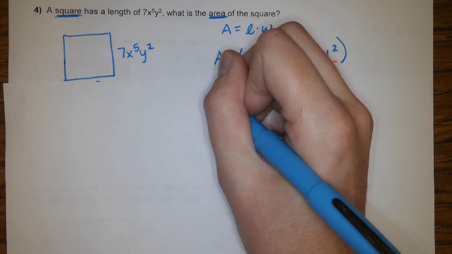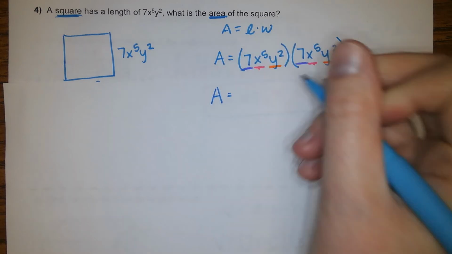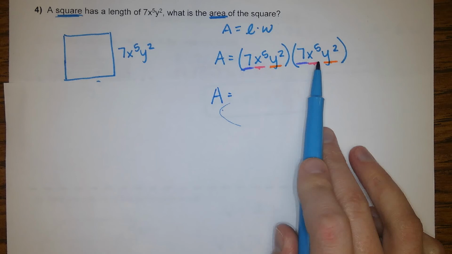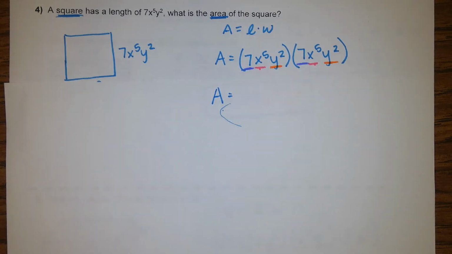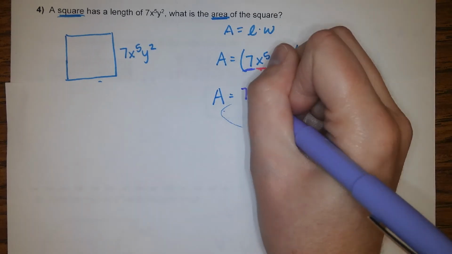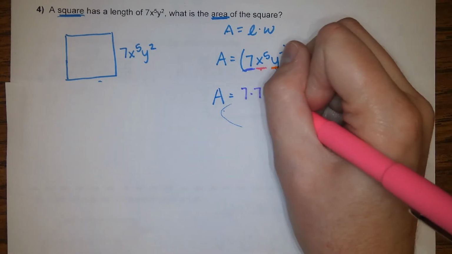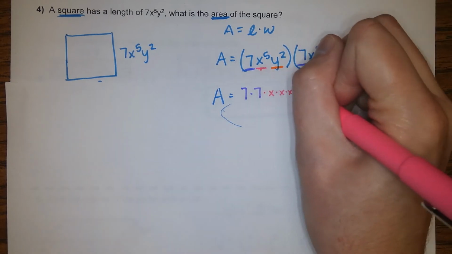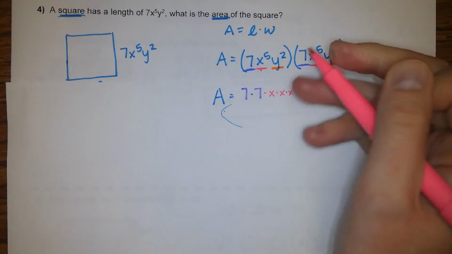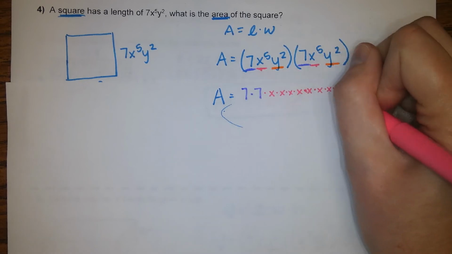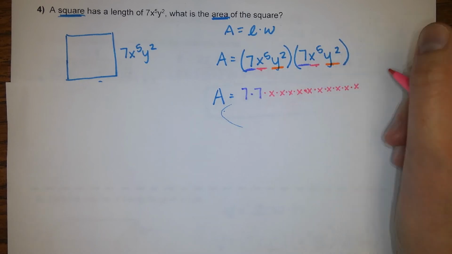So if we had our area is equal to 7x to the 5th y squared times 7x to the 5th y squared, we could write it out. We could say, okay, that's going to be 7 times 7. And then we have our x times x times x times x times x from this one. And then we have to do it again, times x times x times x times x times x from our second one.